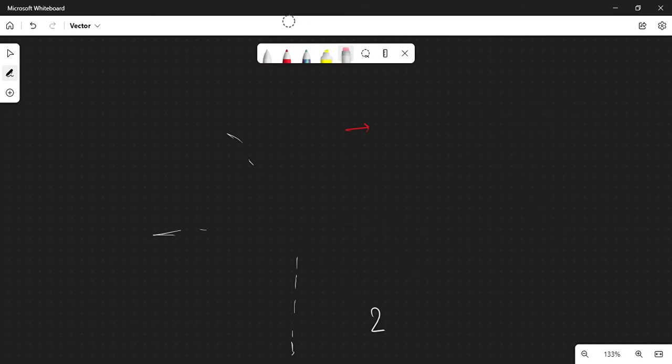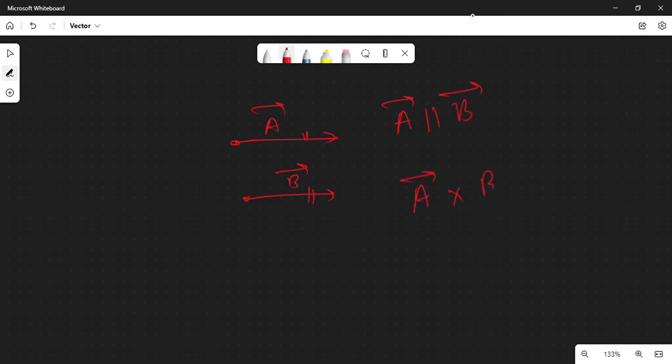So these are all the basic vectors, and there is another type of special vector, which comes from parallel vector multiplication. When we multiply parallel vectors, let's say vector A and vector B, which are parallel, if you multiply A vector by B vector, we will always get the null vector or the zero vector.